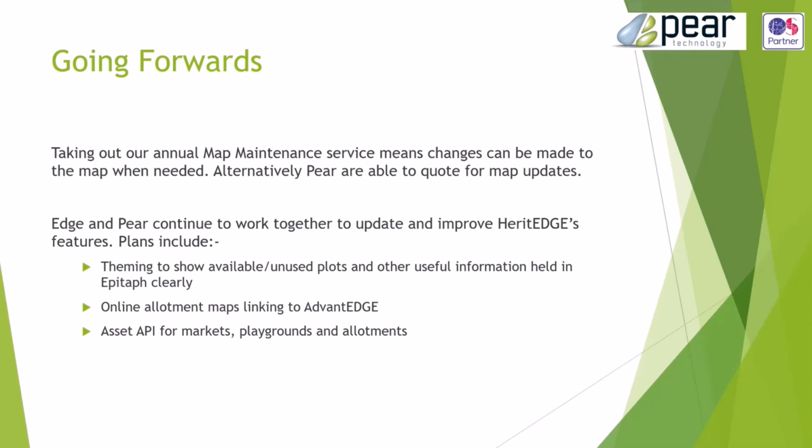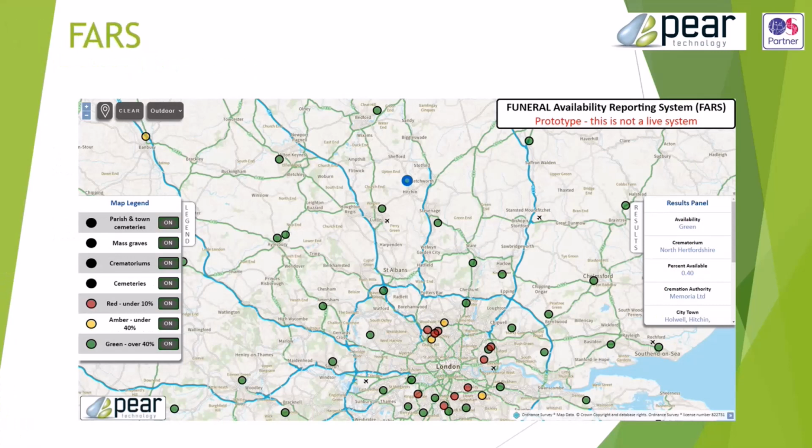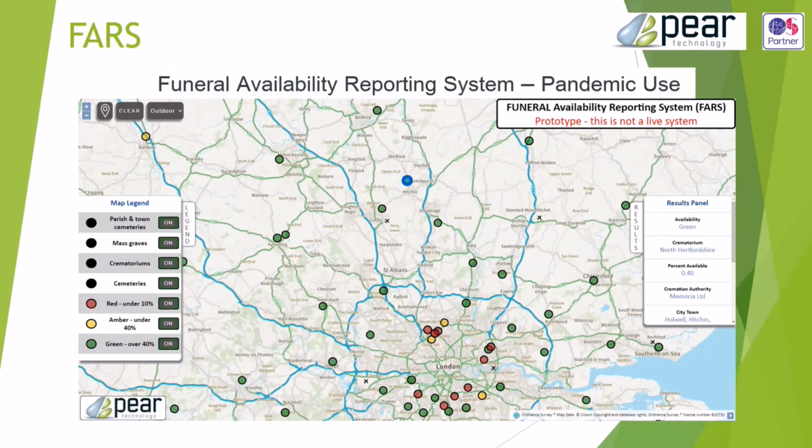The mapping services we provide will be extended for use with allotments as well, and we have an asset API which will tie into use for markets, playground and allotments as well. Just want to briefly talk about the FARS project, the Funeral Availability Reporting System, and this I think demonstrates the flexibility of our mapping solutions.